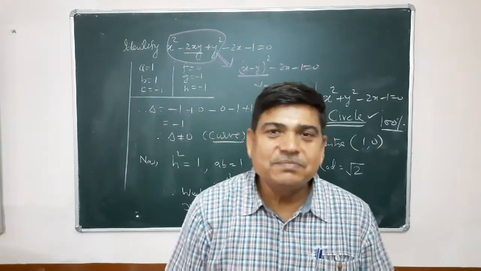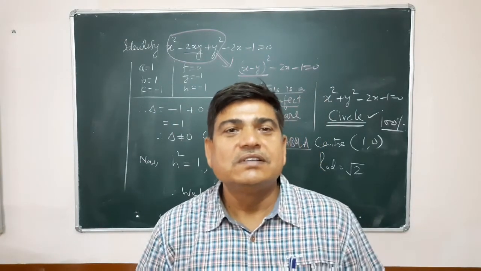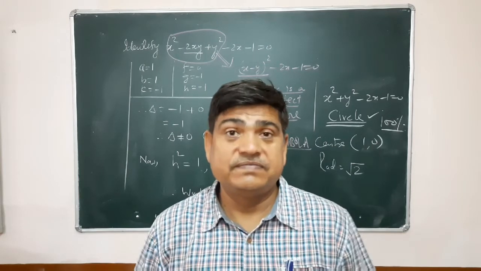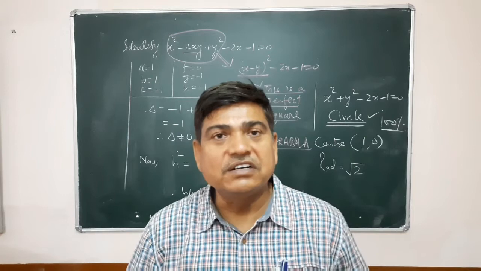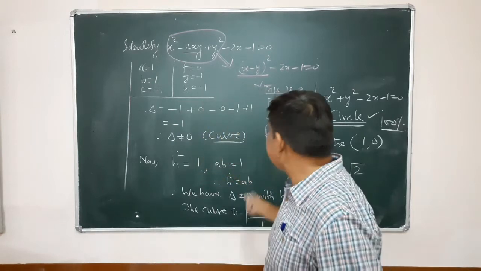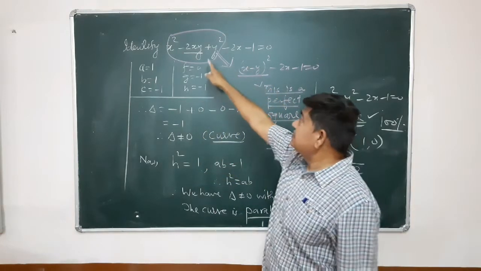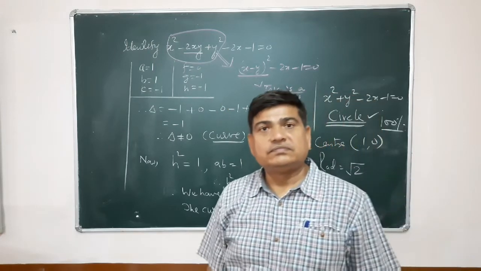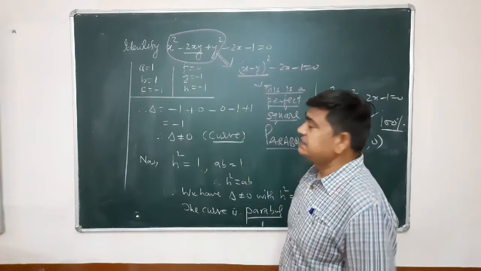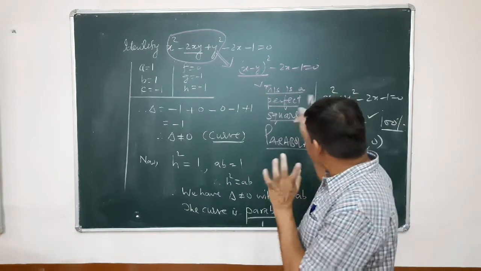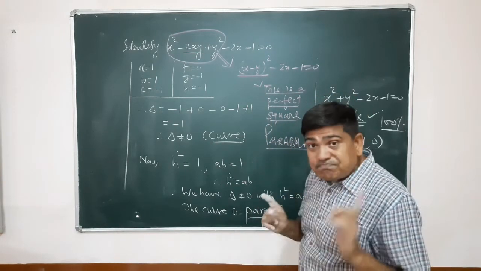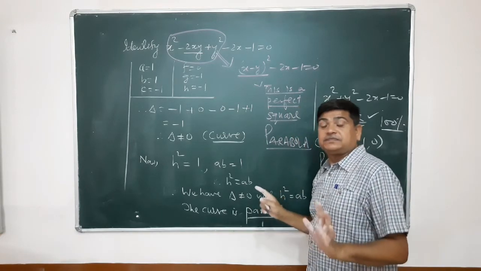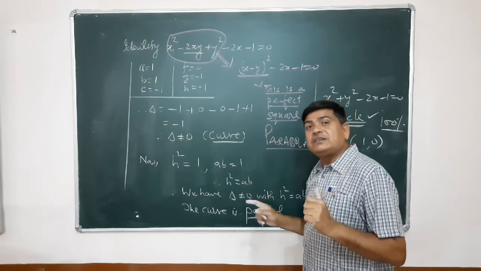So in the examination, suppose you are given a second degree equation and it is asked to identify and trace the curve. And if you find this type of situation, you find a perfect square term just like this, then 99% it is a parabola. Why is it 99%?